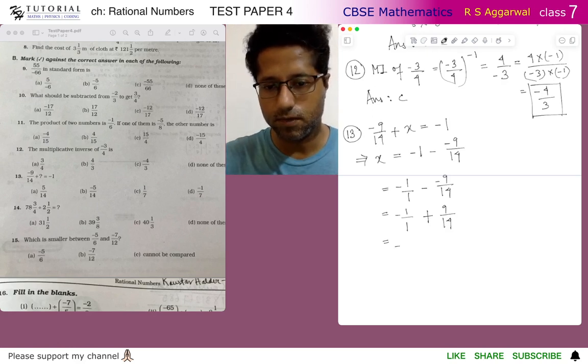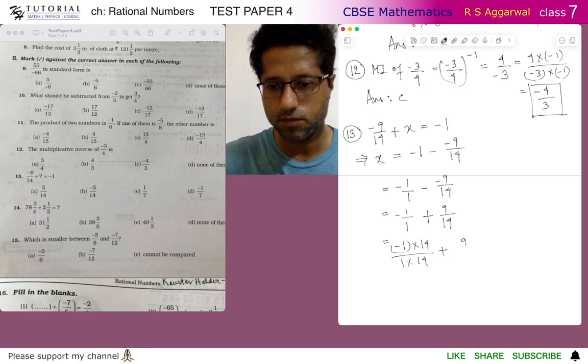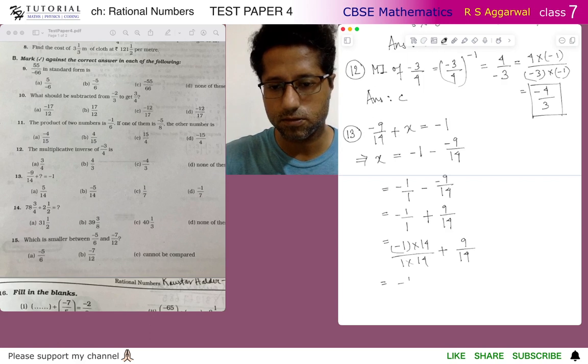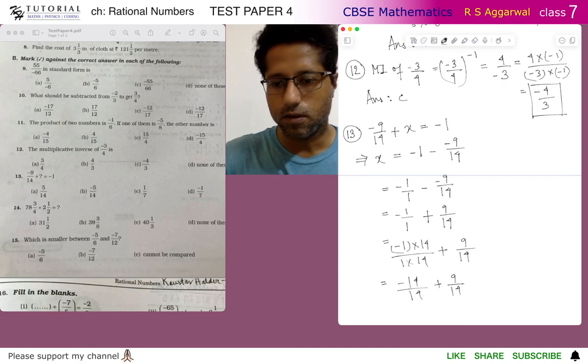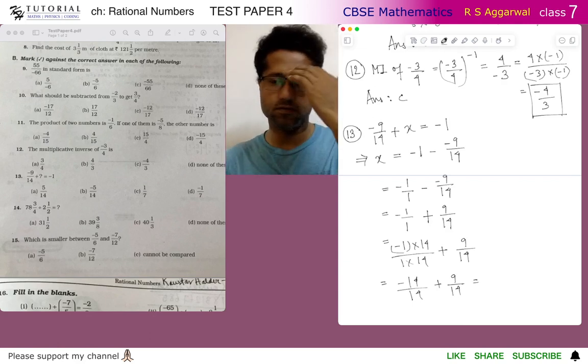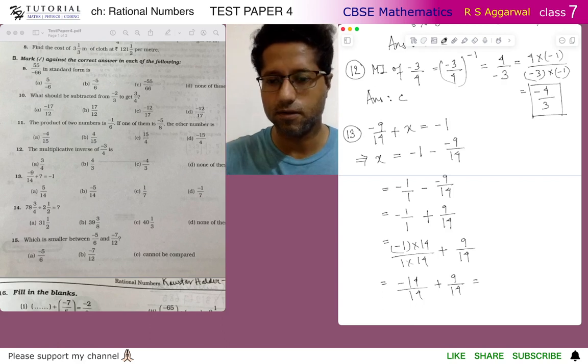So it becomes minus 1 into 14 by 1 into 14 plus 9 by 14, this remains the same. This is minus 14 upon 14 plus 9 by 14. Now we have to add two rational numbers where the denominators are same. So we just add the numerators and divide that by the common denominator.